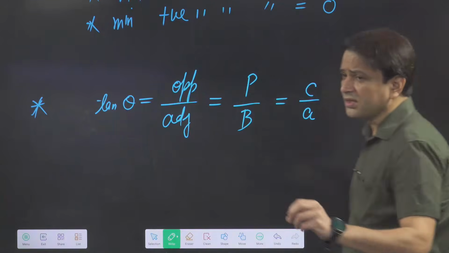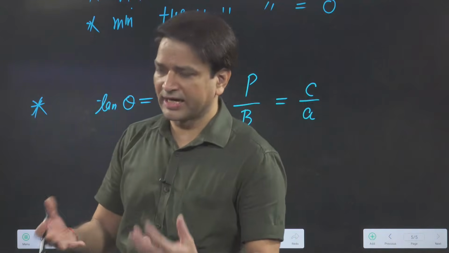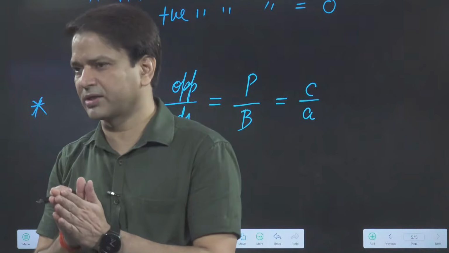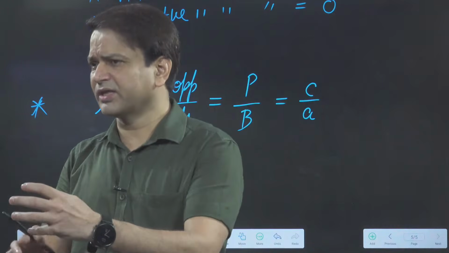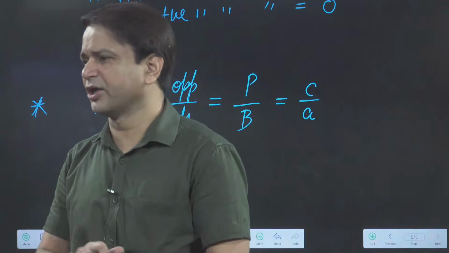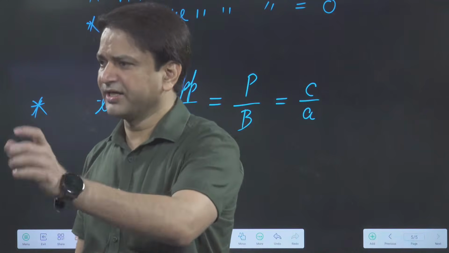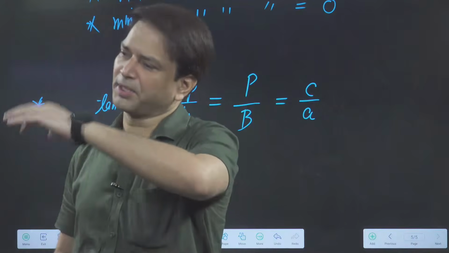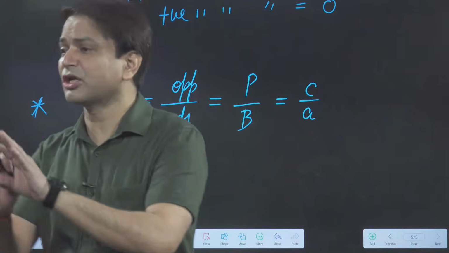Now in a right angle triangle, we know that the hypotenuse is the longest side. But is there any condition between the base and the perpendicular, meaning the base has to be longer or the perpendicular has to be longer? There is no condition.